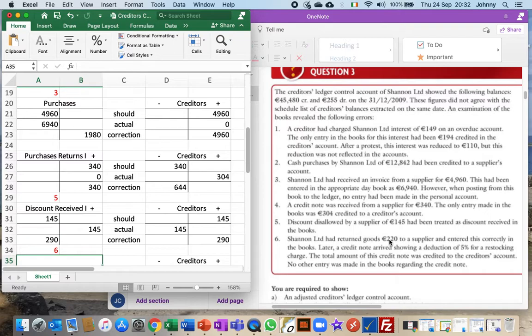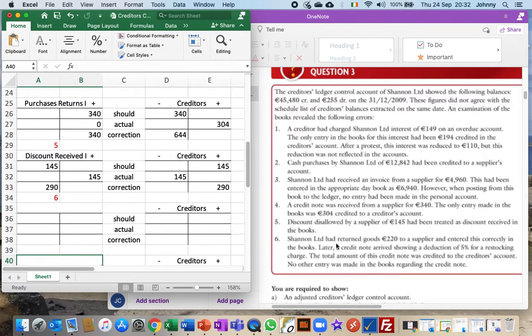So there's 11 that has been added onto the account because the goods are getting sent back. So we're going to have a plus of 11 in here in the creditors. Why? Because of the restocking charge. And this is money that we're getting charged, so it's actually an expense. So that goes on the debit side because expense is debit.